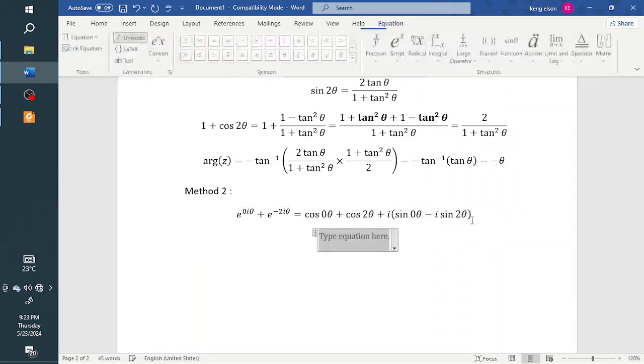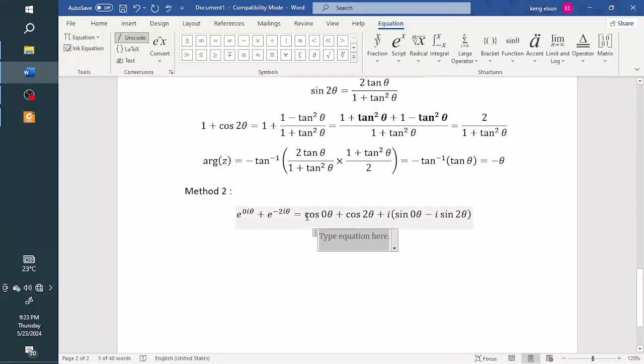Now we use the factor formula. cos A plus cos B is 2 cos of (A plus B) on 2 times cos of (A minus B) on 2. Your A is 0 theta and your B is 2 theta. So 0 theta plus 2 theta is 2 theta, and dividing by 2, I get theta. So I'm going to have 2 cos theta.